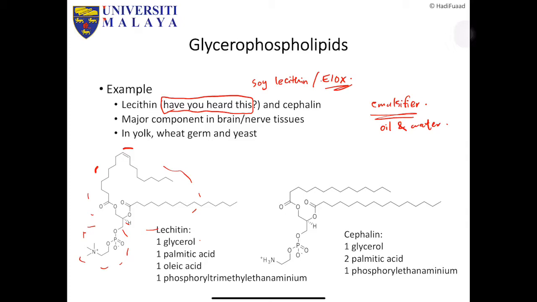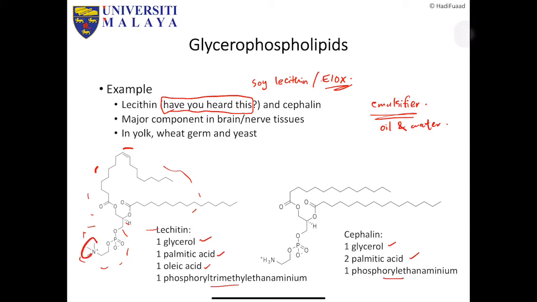Okay, so you can find glycerophospholipids mostly in egg yolk, in wheat germ, and in yeast, so bread. And the difference between those two structures is this. Both have one glycerol, but lecithin has one palmitic acid and one oleic acid, while the other has two palmitic acids, and the ammonia alcohol is different.